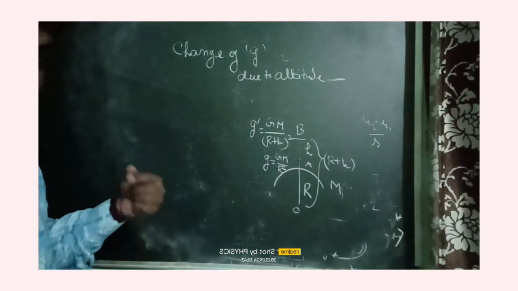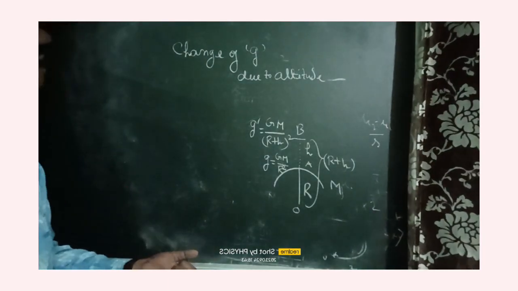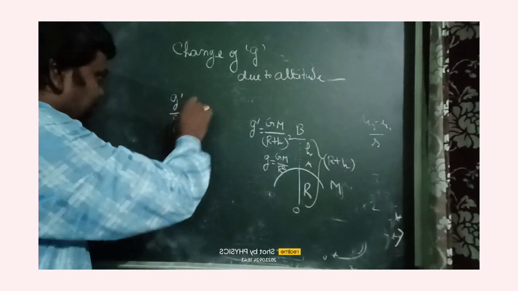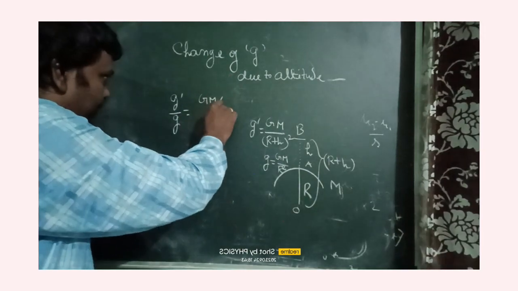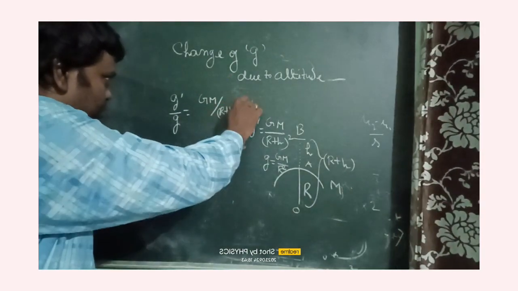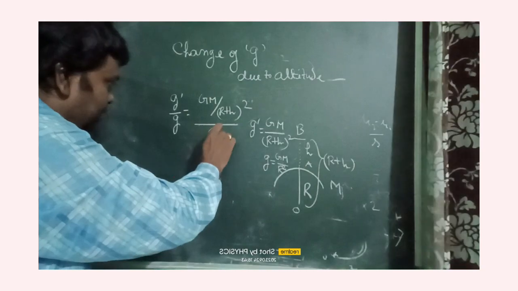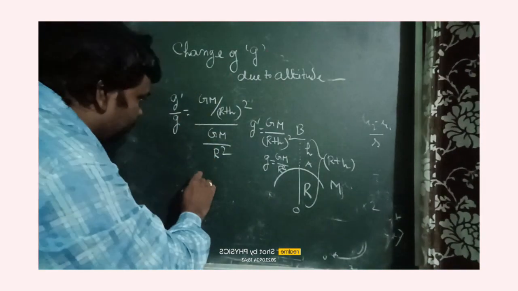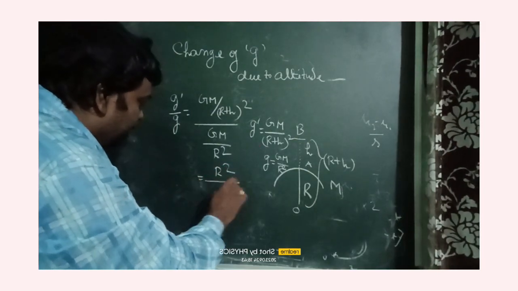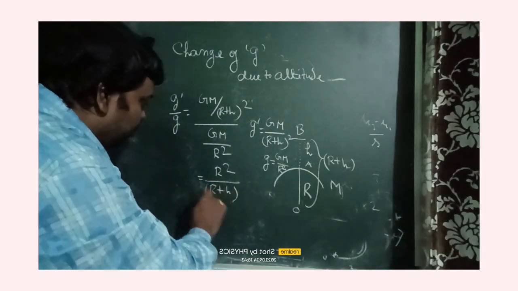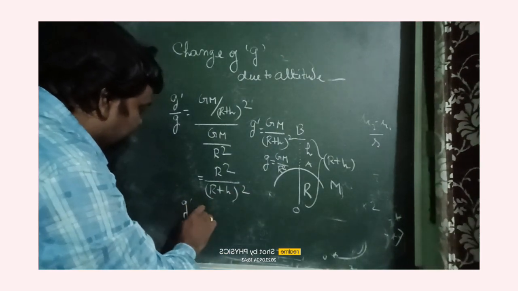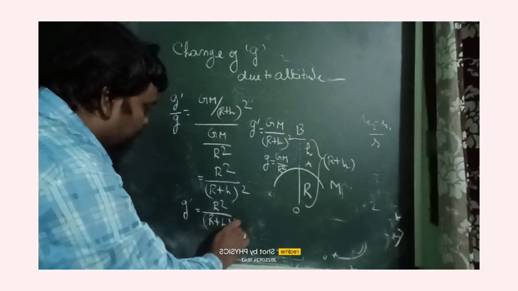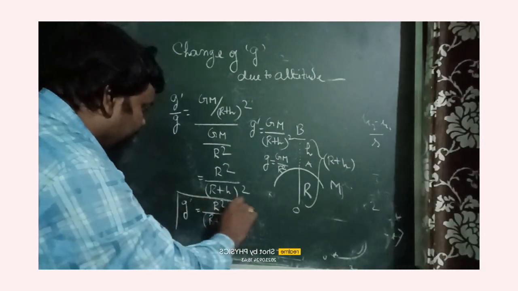Now we have to find the ratio of g dash and g. We have g dash by g equal to G M by r plus h whole square by G M by r square. Now G M will cancel out. We have r square by r plus h whole square. So g dash is equal to r square by r plus h whole square into g.